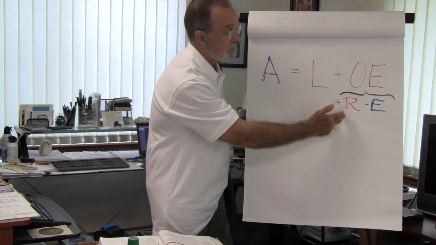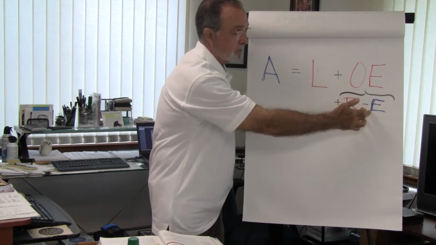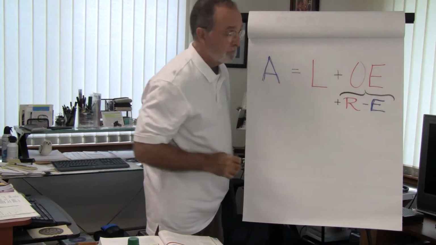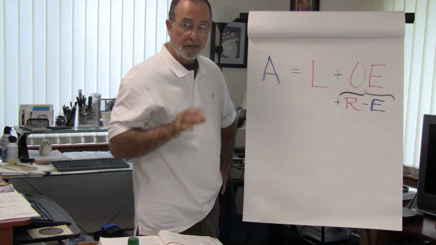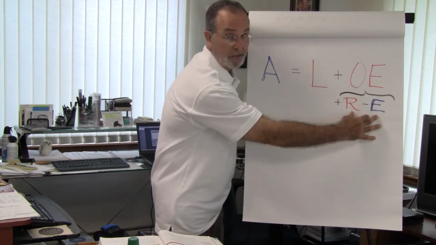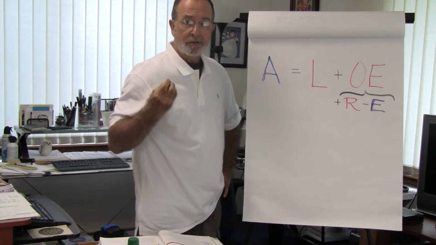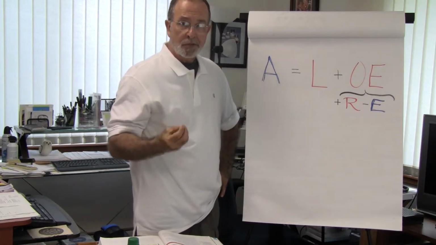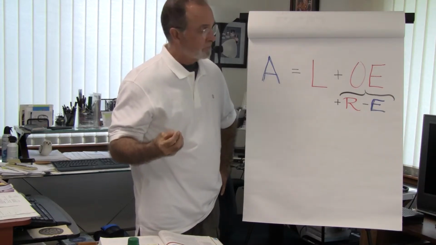Revenues are added to owner's equity. Expenses are subtracted from owner's equity. And we saw how the income statement, which is basically revenues minus expenses, is tied to owner's equity through the statement of owner's equity, or for a corporation, the statement of retained earnings.